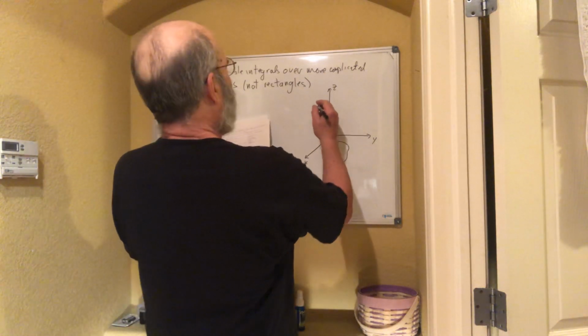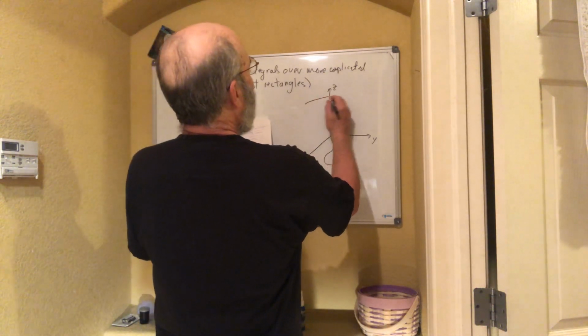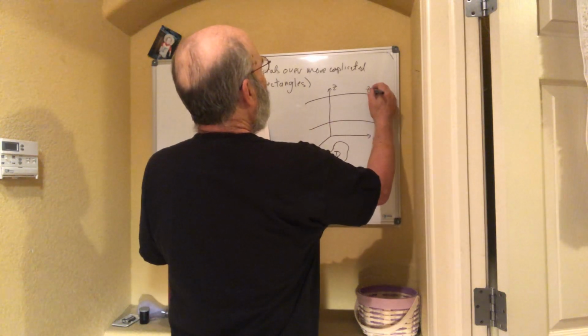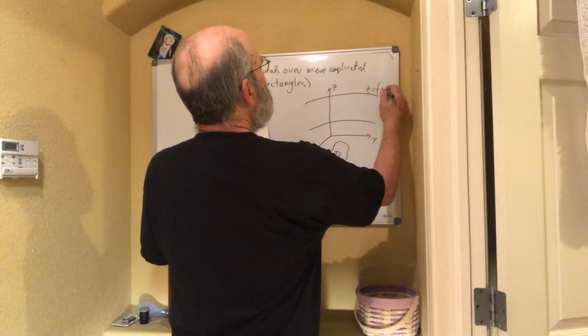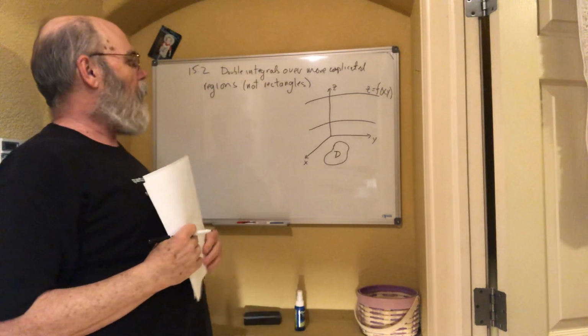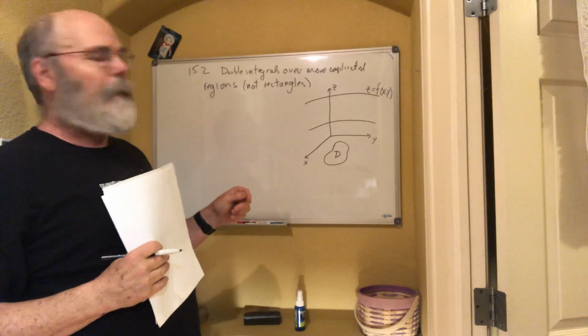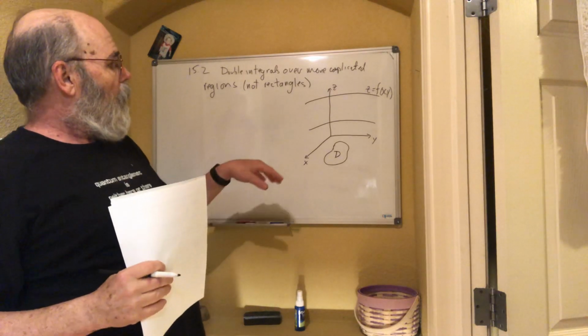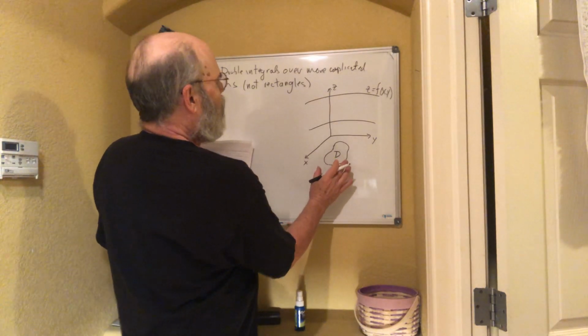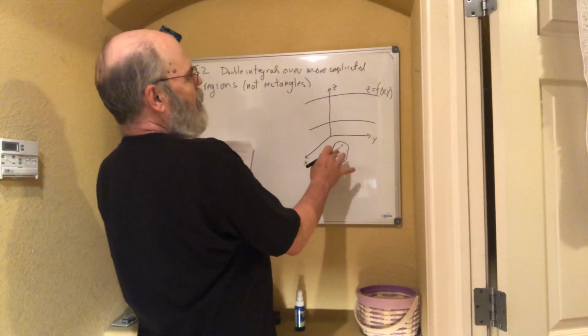So now let's just say I'm looking at a function, say up here. We've got a function of the type that we've been playing with in chapter 14. Okay, and so the idea is, here's the region in the plane.